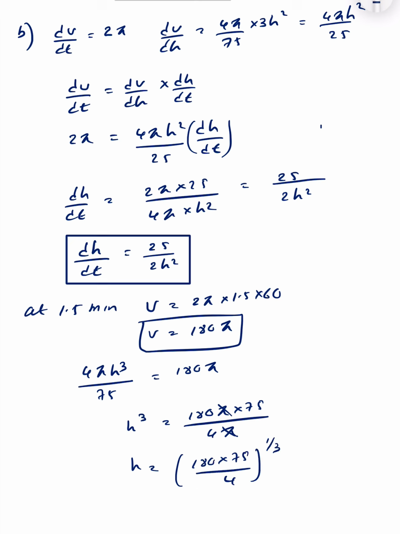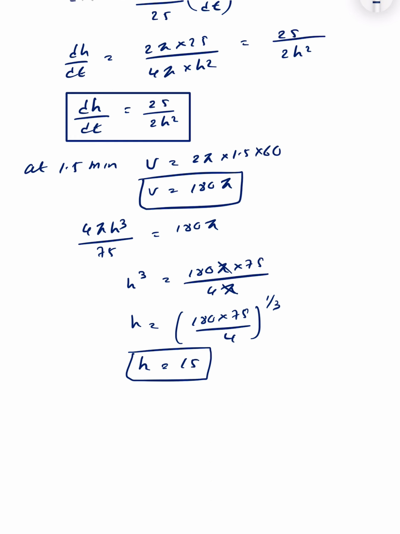Let's find this value. 3375, and then the cubic root of that should be 15. So h equals 15 at this time.